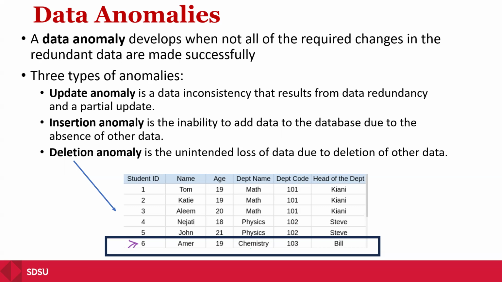When this student is deleted, we don't only lose data on the student, but we also lose more information. In this case, we lose department name, department code, and head of department. So the entire data set is lost.